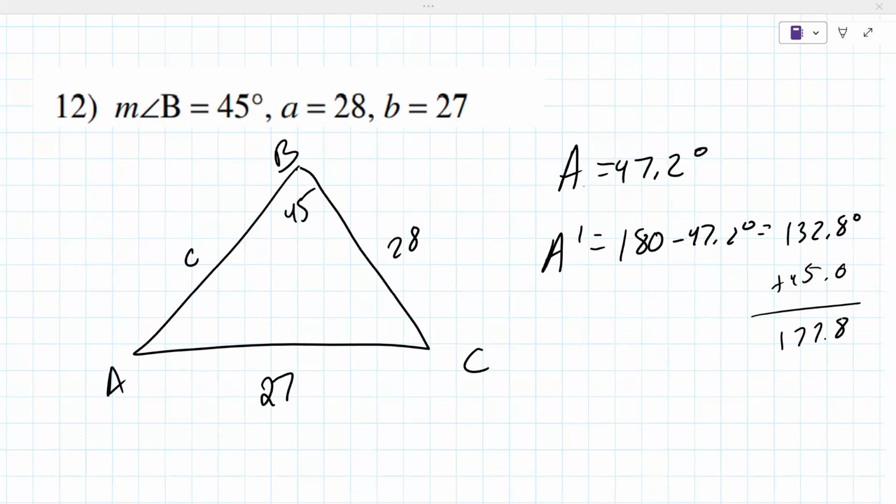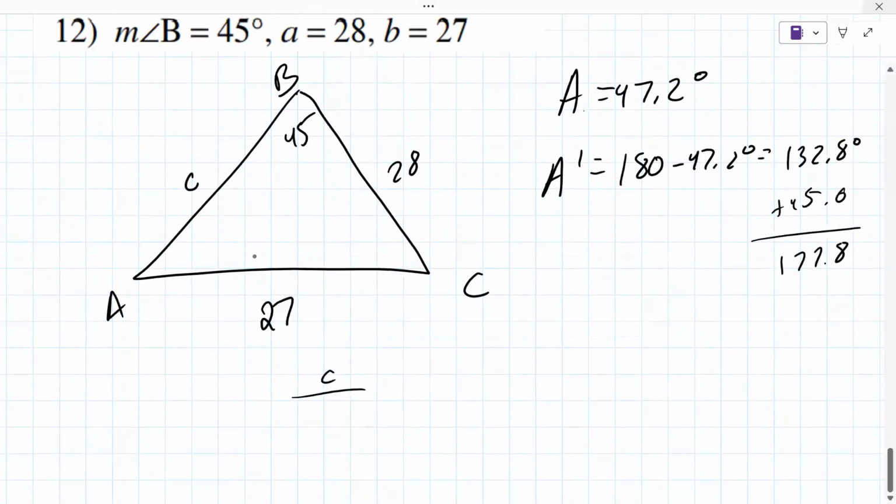So you use law of sines to solve for C. What would you write? You'd write C over sine of big C, which you have to get from subtracting the two angles from 180. Maybe we should do that first.